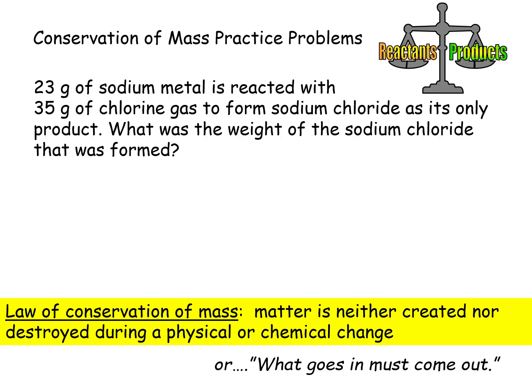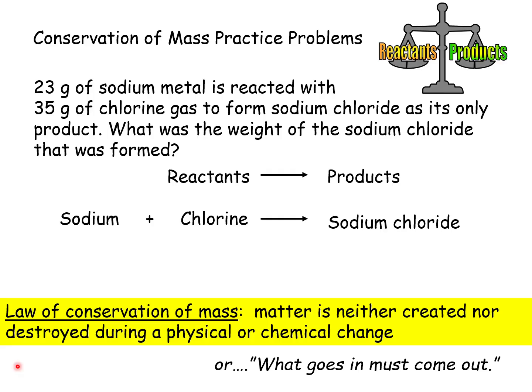So typically when you see these kinds of problems, it's better to get the numbers out of the word problem just to reduce some of the visual noise. And so we say, all right, well, I know that the reactants are going to react and combine and do their thing to form the products. So my reactants were the sodium and the chlorine gas, and it formed the product sodium chloride.